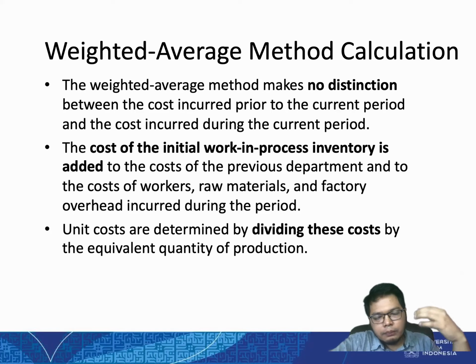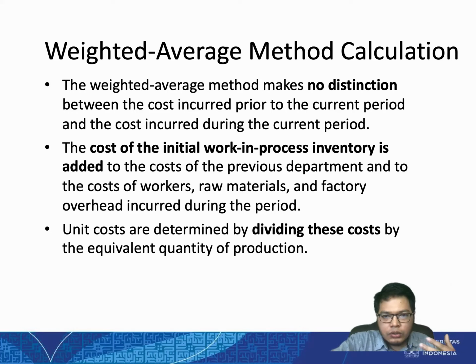So this is from the first period to the second period continuing, or even from the first department to the second department, it's continuous, right? We consider them the same. So the cost of the initial work in process inventory will be added to the cost of the previous department and to the cost incurred.